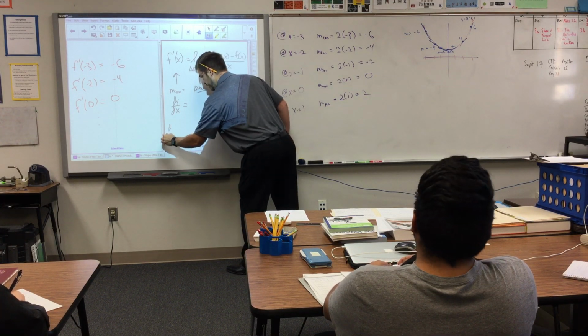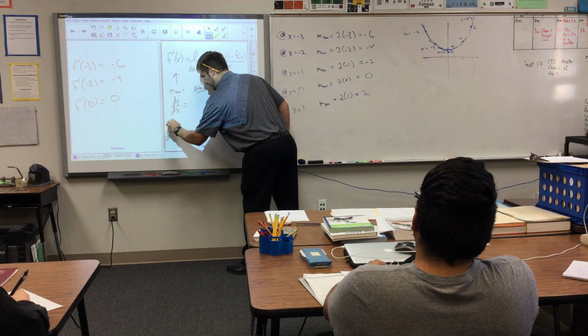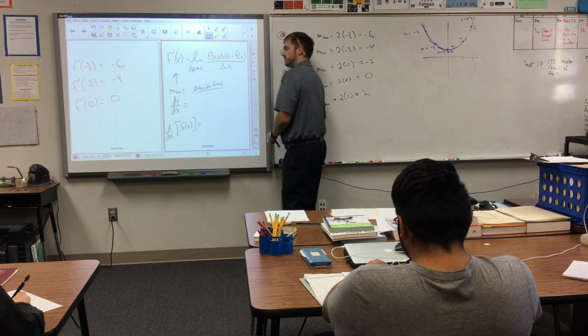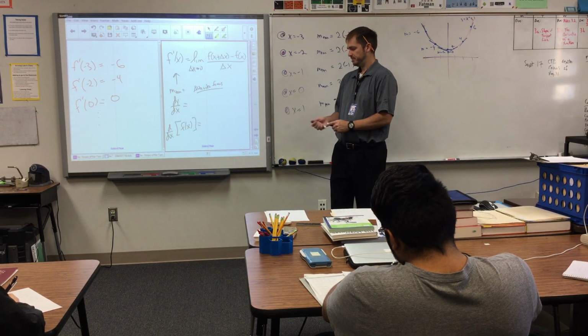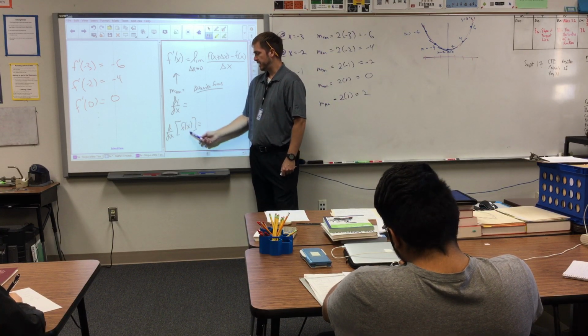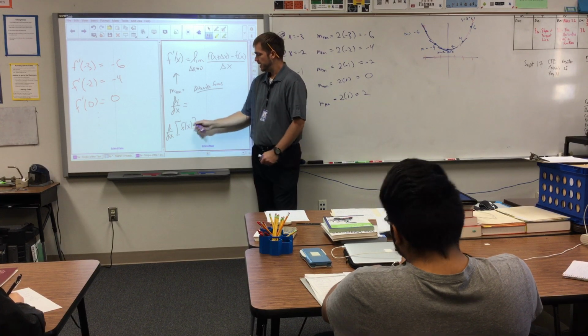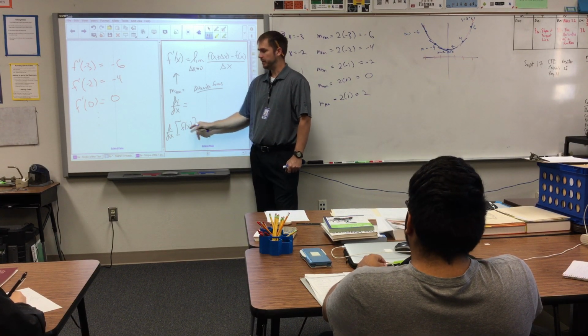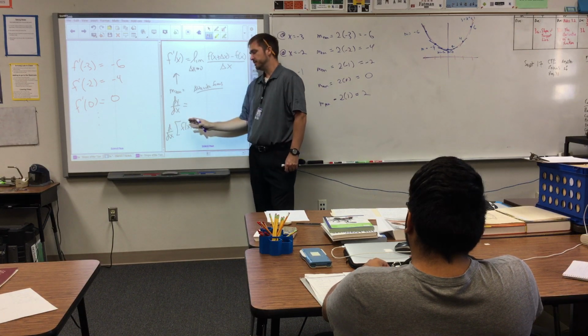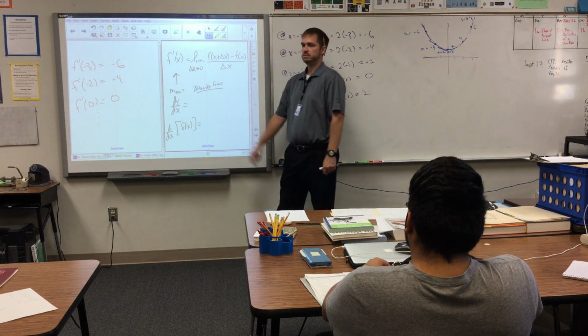Sometimes we'll say d over dx of f of x equals. The way you would say this out loud, you'd say the derivative with respect to x of f of x. Notice I'm not putting the little prime mark in there. I'm putting the original function in there. I'm saying the derivative of f of x is equal to this.